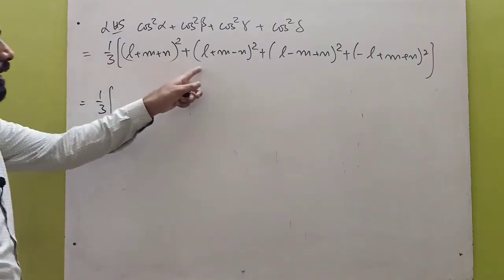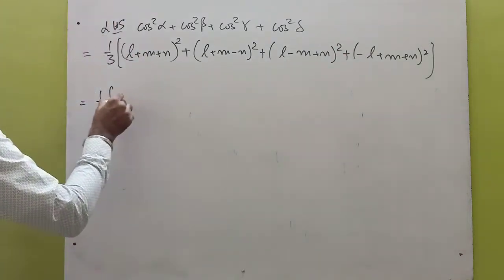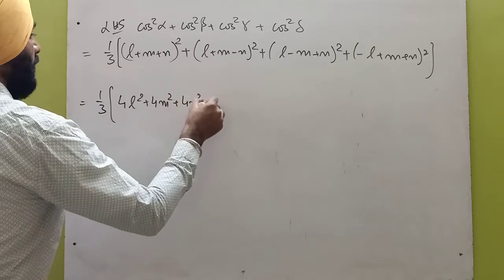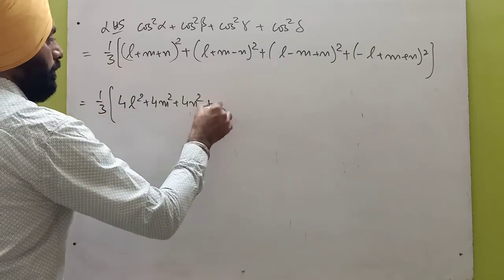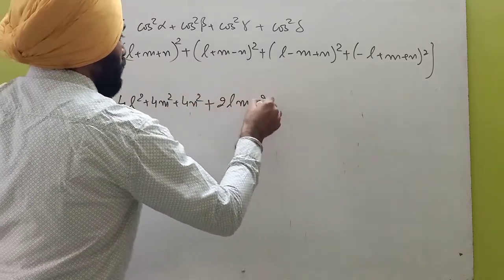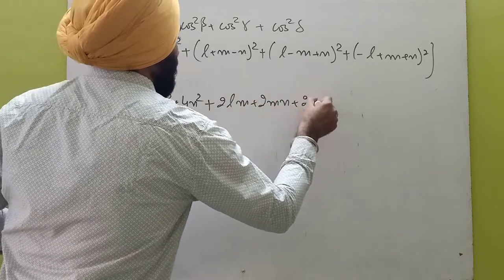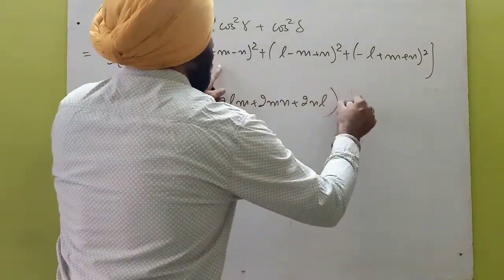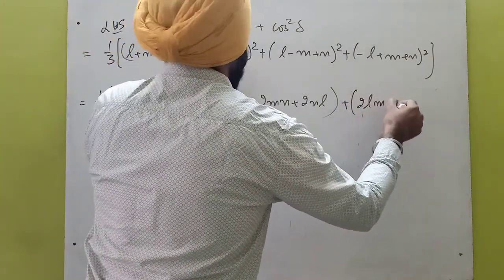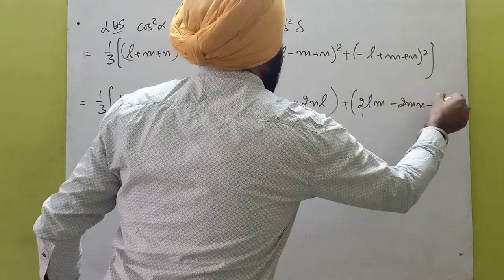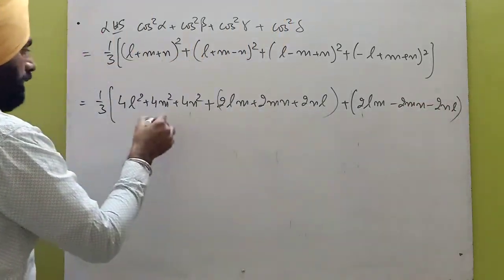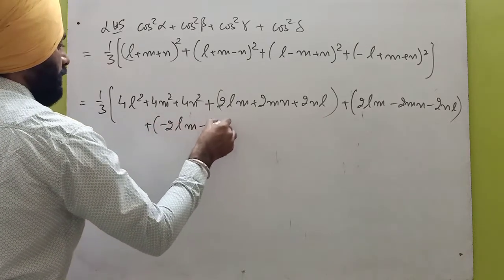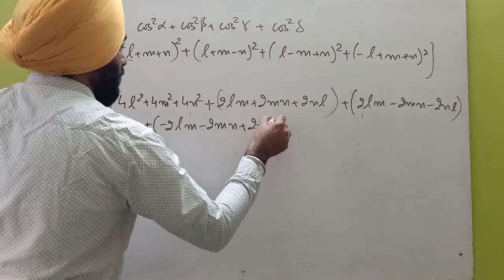There will be L square, L square, L square, 4 times: 4L square. Similarly 4M square and similarly 4N square. And remaining terms are 2LM plus 2MN plus 2NL. From the first term, there will be these 3 terms. Similarly, in the second term, there will be 2LM positive, minus 2MN and minus 2NL. In the third term, minus 2LM, minus 2MN and plus 2NL.